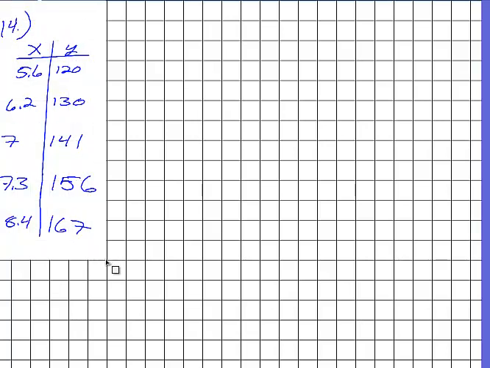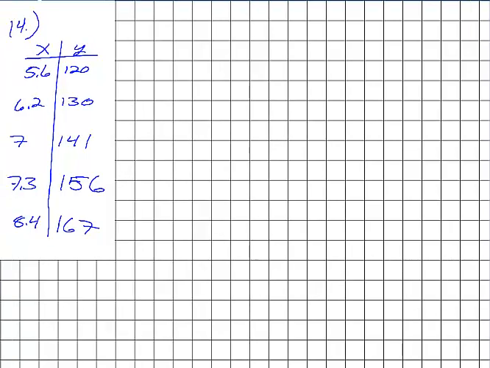The first thing I need to do is figure out when I make my scatter plots if I'm going to be taking advantage of any breaks, right? So take a look at my x values. Are those x values really far away from 0 or close to 0? Close. So do I need a break? Okay, take a look at your y's. What's the smallest y value? 120. Is that really close to the 0 or far away? Far away.